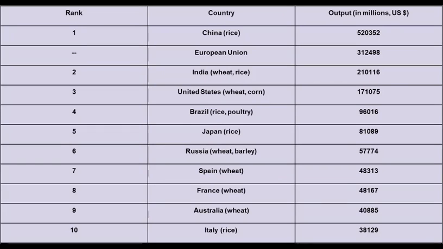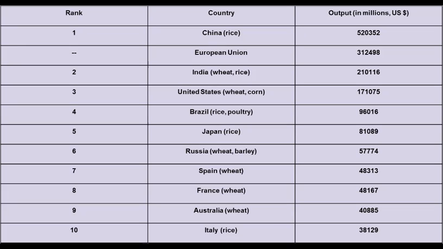So this right here is looking at just a base description of who's producing what. As far as grain goes, China leads the world in the amount of output, followed by the European Union, though, of course, because it's a supranational organization, they don't count, but it is a good representation of what I talked about yesterday with supranational organizations and how they are like supranations.